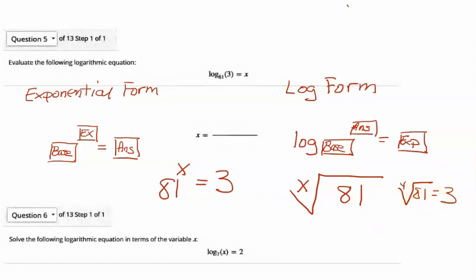So this one's challenging, this x is 1/4. Because then, putting this into its radical form, the fourth root of 81 is 3. And that is the answer.